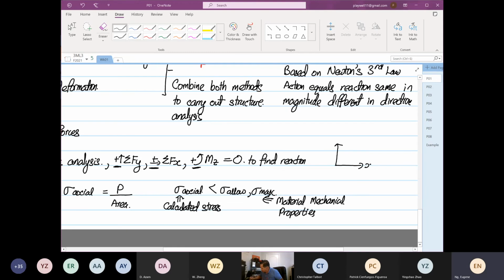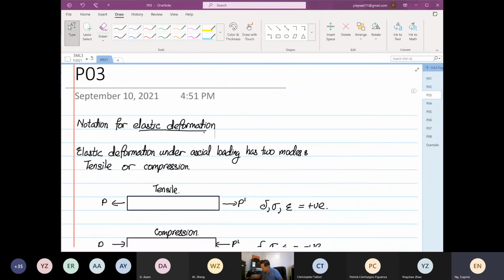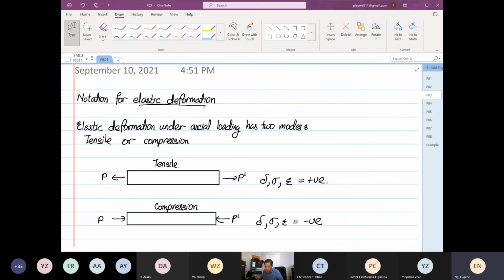So this is our x and y, and if your thumb is pointing outwards, and when you close your fingers, your thumb will be pointing towards you. X must touch y. This is your rotation about z. So static analysis is dependent on your transformation. For elastic deformation, tensile is positive, compression is negative.